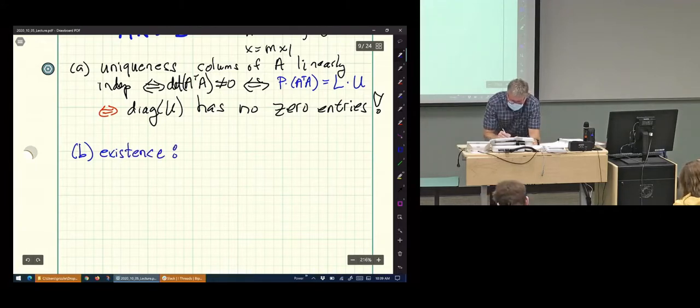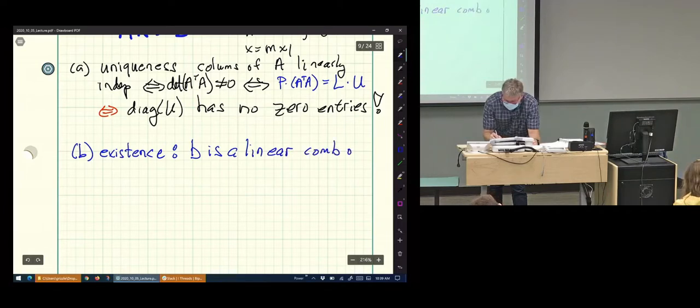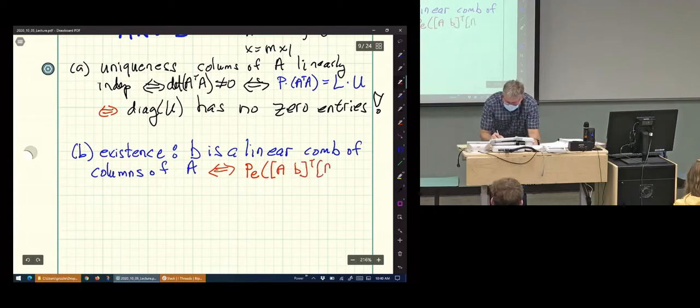Existence, we need B is a linear combination of columns of A, and then that's if and only if now when I do my PE times, here, I'll write out [A B] transpose [A B] equals LE UE.